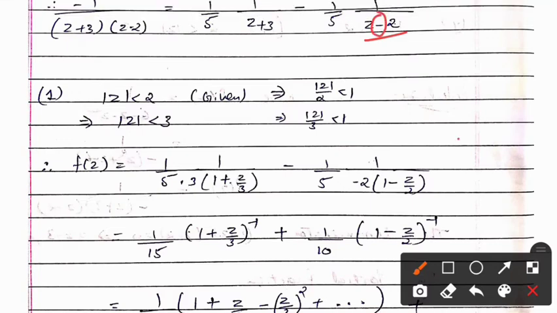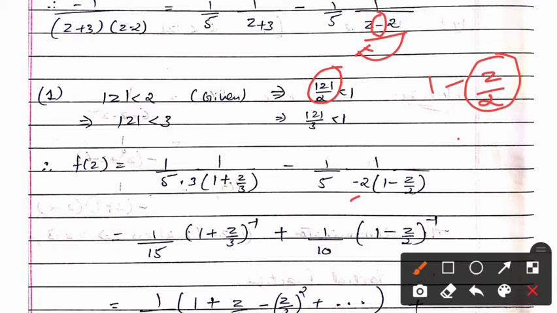Okay, so I will get 1 minus some term. Which is that some term? Mod z by 2. That means you must get 1 minus z by 2. So to get 2 in the denominator, I have to take 2 common out.